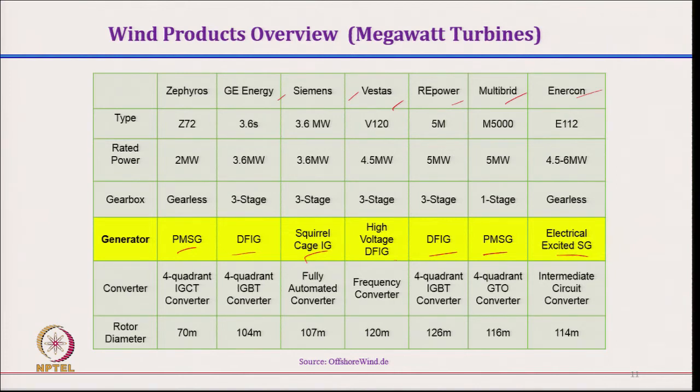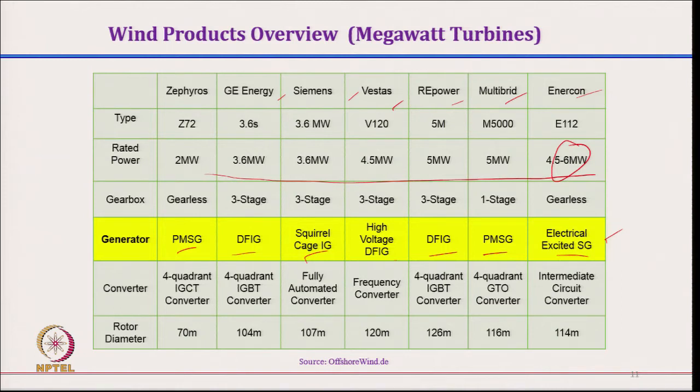So you can see that they are using both kinds of induction machine, and they are using permanent synchronous generator as well as the conventional single pole synchronous generator by Enercon, and the unit size of course varies from 2 megawatt, and has gone even to 6 megawatt by Enercon.